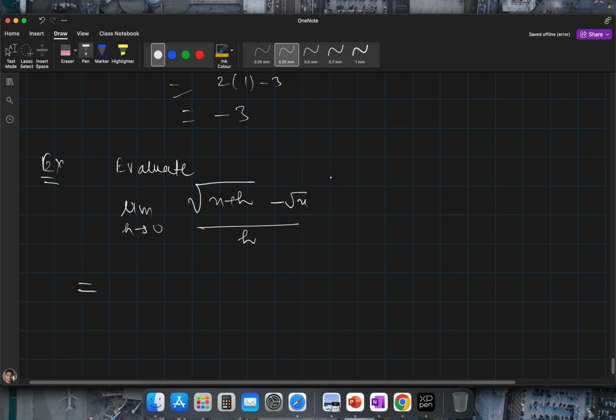Can someone tell me what this definition is? This is a kind of definition to get something. Derivative. Derivative of which function? Square root of x. Okay, so this is the way to find the derivative from the first principle. This is the first principle to get the derivative.